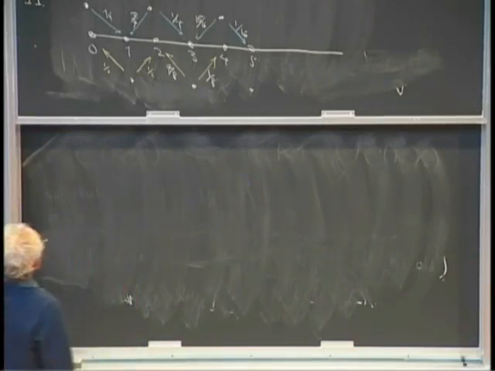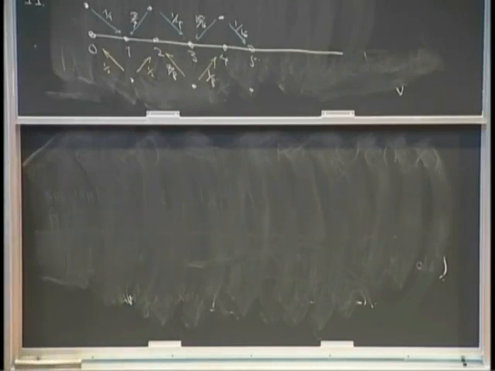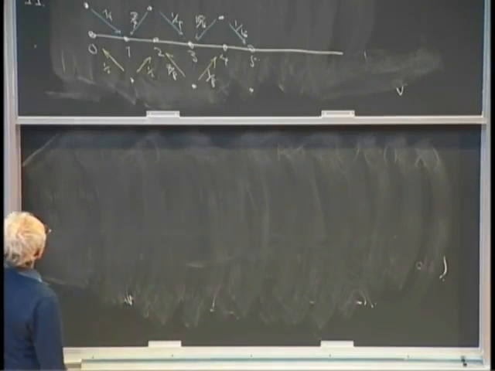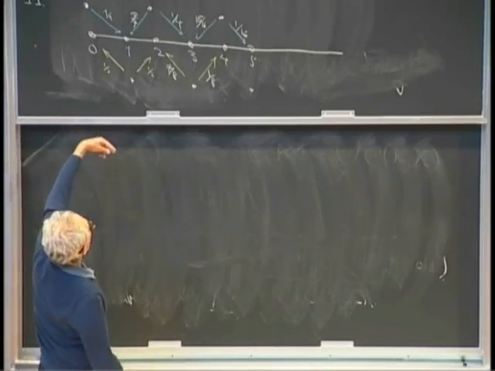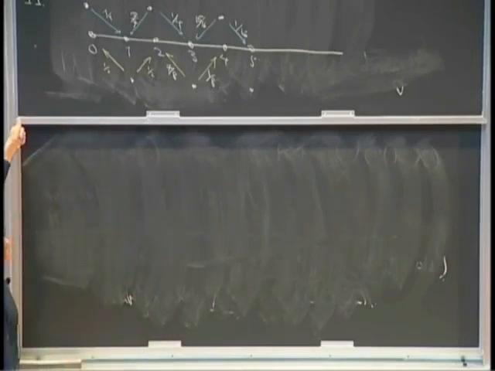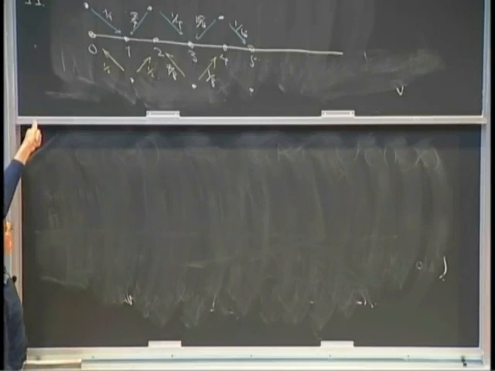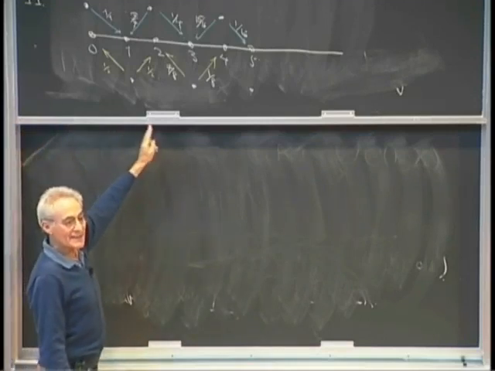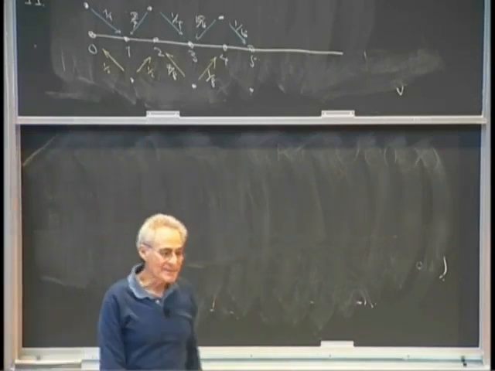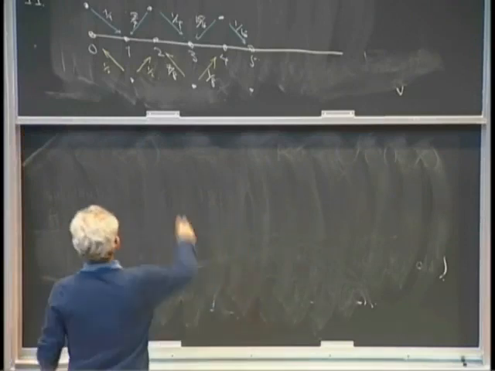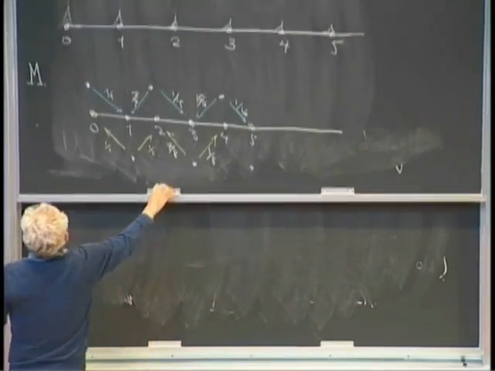For example, if there were no sand at all on the even stations, then after one application of M, there would be no sand at all on the odd stations, but all the sand will be on the even ones.